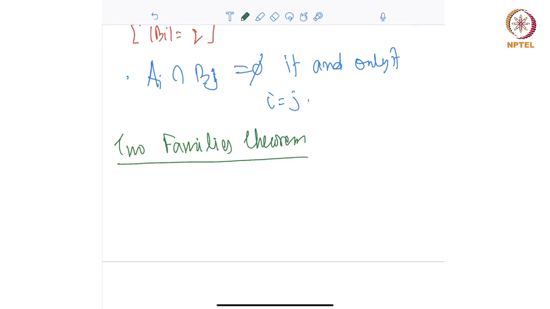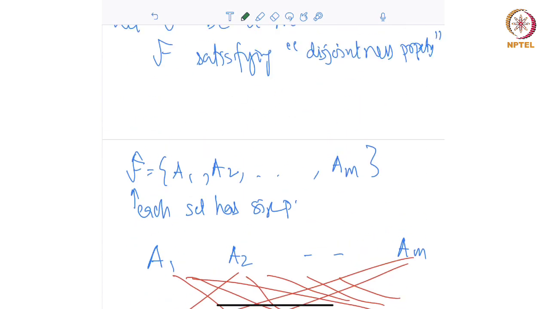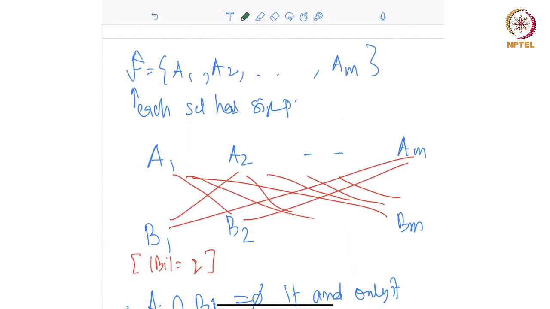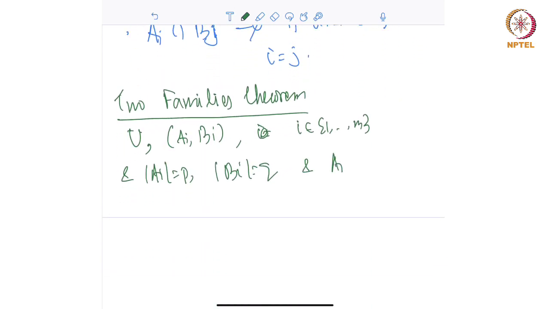So the two families theorem is, we have a universe, we have pairs AI, Bi, with I going from 1 to M. The cardinality of AI is p, the cardinality of BI is q, and AI intersection Bj equals phi.